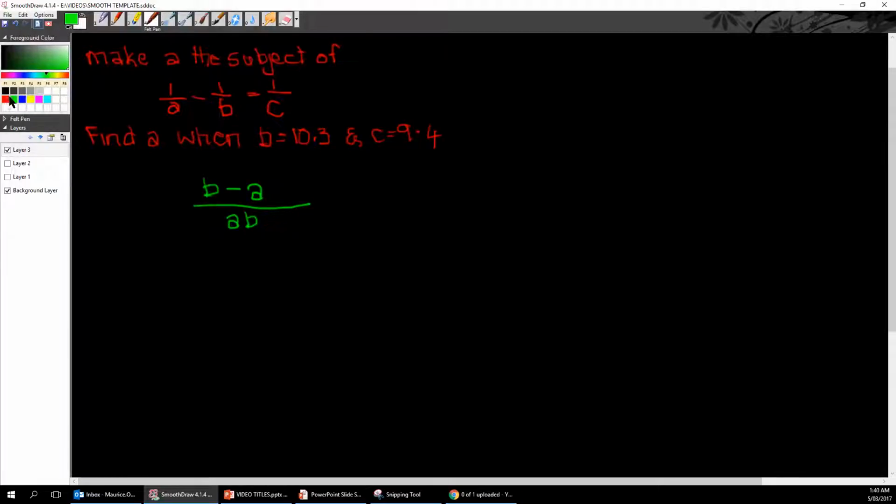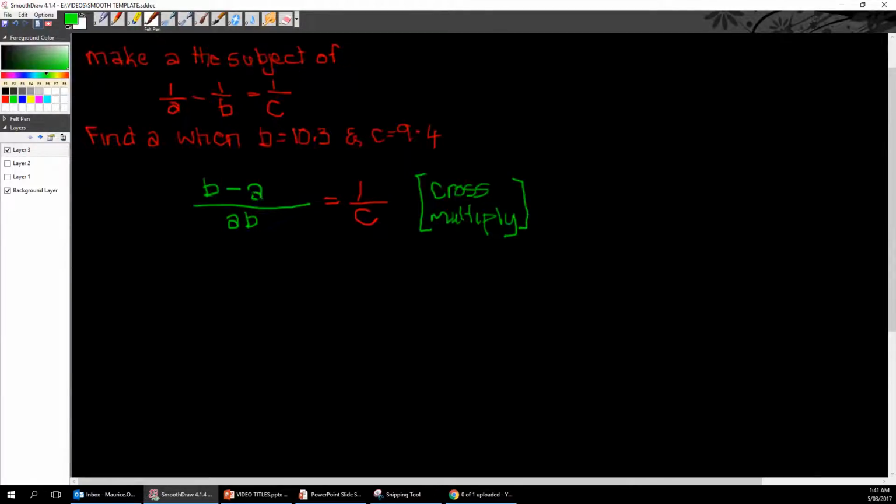And then going to red, that equals 1 over C. Now what we could do here is use a technique where we get this sort of situation, and we call it cross multiply. Well, I call it cross multiply anyway.